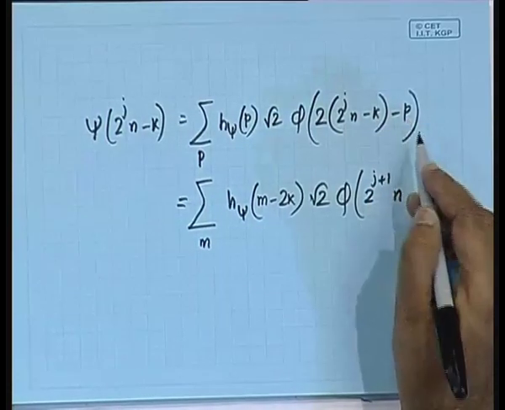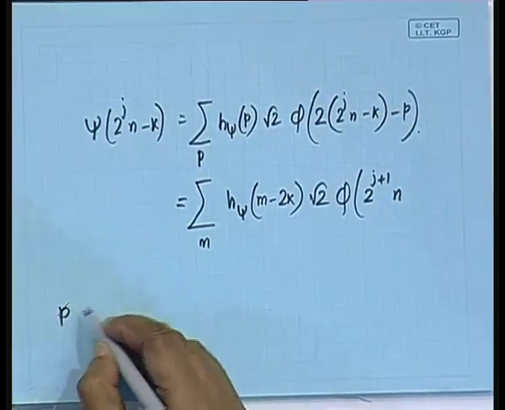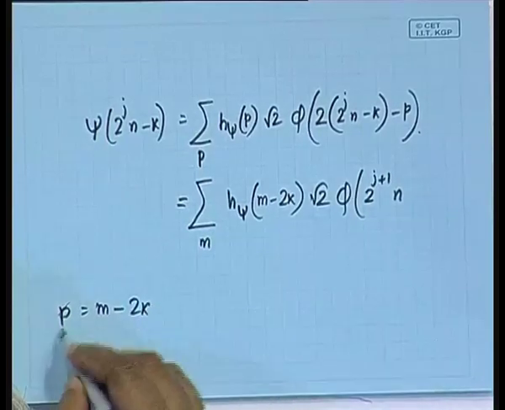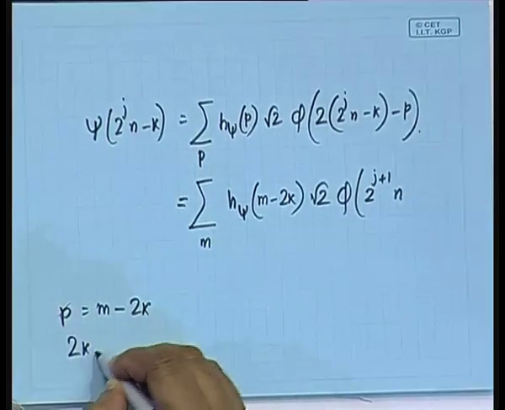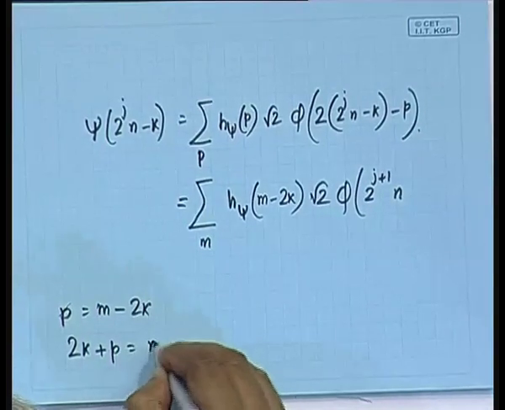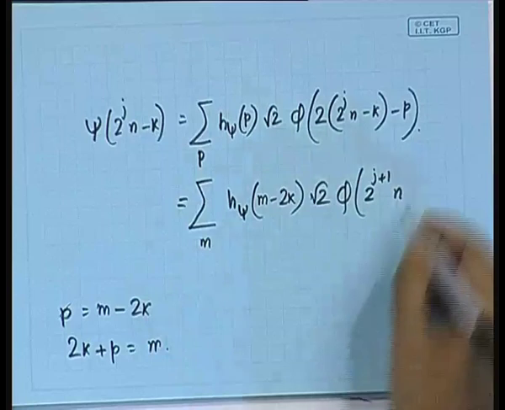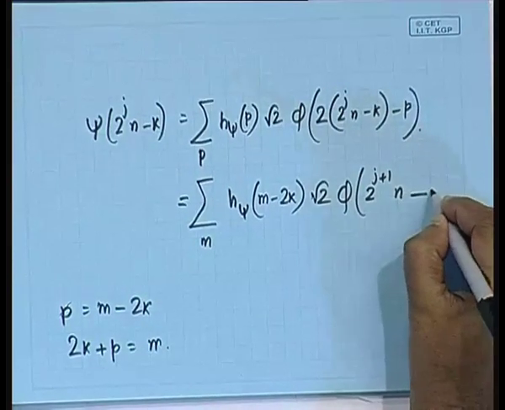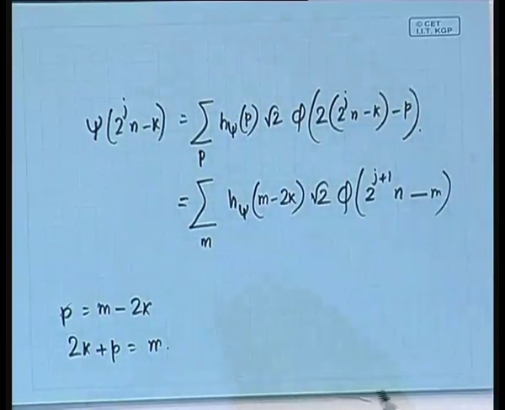According to our substitution, p is equal to m minus 2k, so 2k plus p is equal to m. So, I am just going to write 2 to the power j plus 1 n minus m.